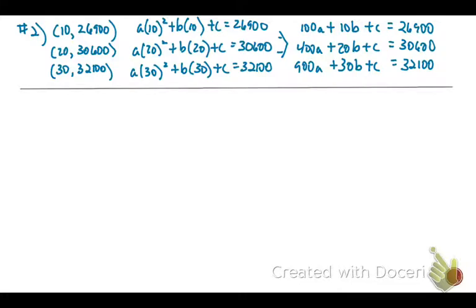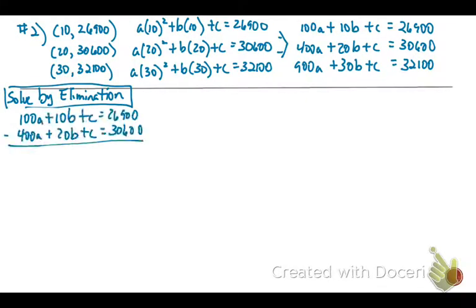Now we're going to use the method where we combine the first and the second equation and then the second and third. We're going to solve using elimination. I'm going to combine my first and my second, and I'm eliminating my c's, so I'm going to subtract. When I subtract, I get negative 300a minus 10b equals negative 3,700.